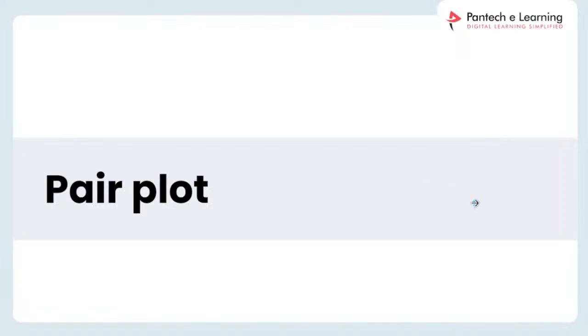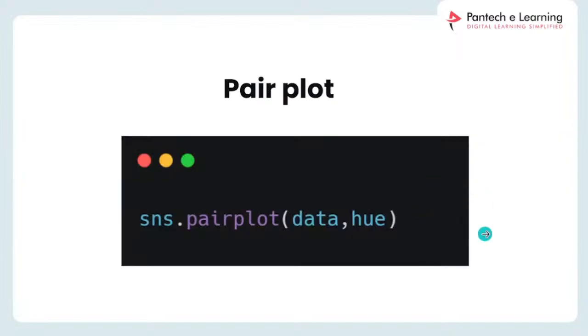First one is the pair plot. What is a pair plot? sns.pairplot(data, hue). A pair plot is used for comparing one kind of value with another kind of value. To understand it easily, for example, I take a heart disease dataset.